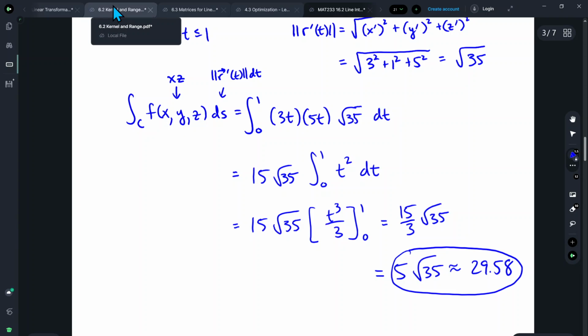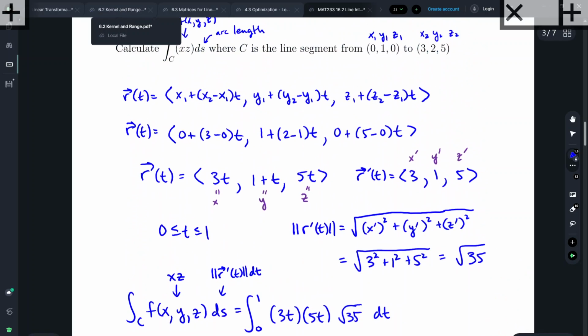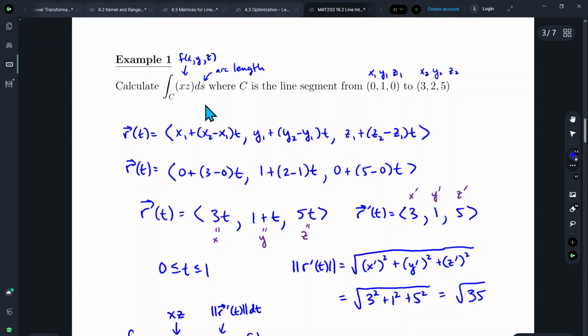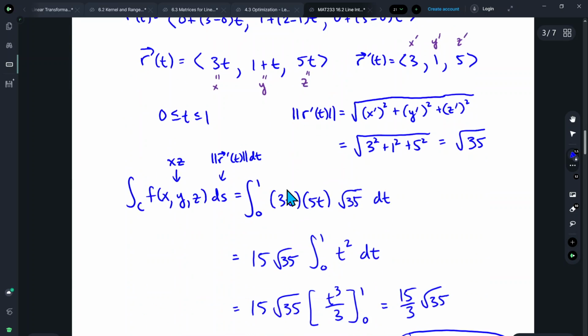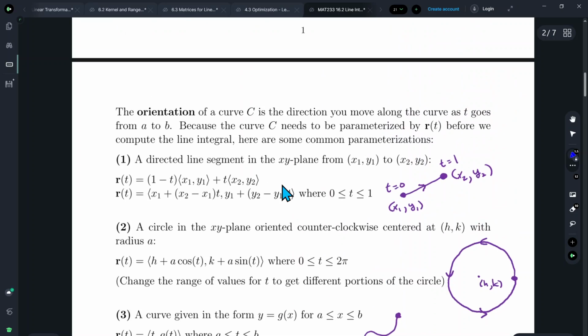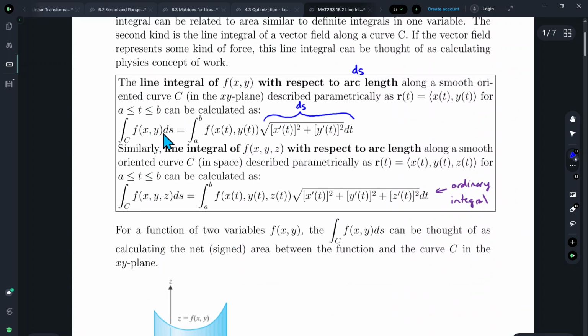Okay, so that's how we calculate this kind of line integral. In this example, we had a function of 3 variables, and the line segment is connecting 2 points in 3-dimensional space. But the setup is similar whether you're working with a function of 2 variables or a function of 3 variables, right?